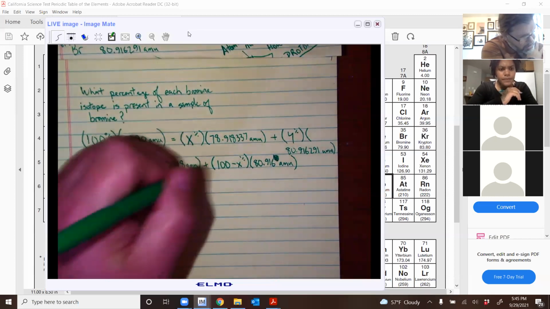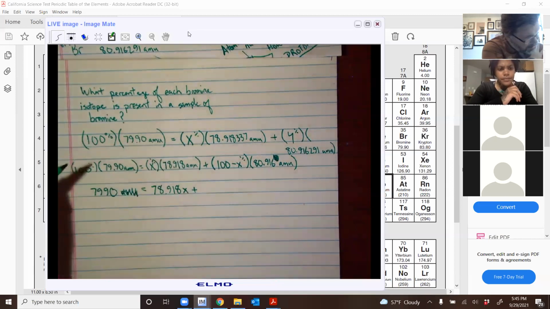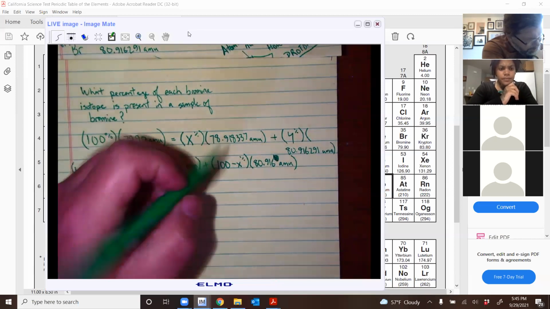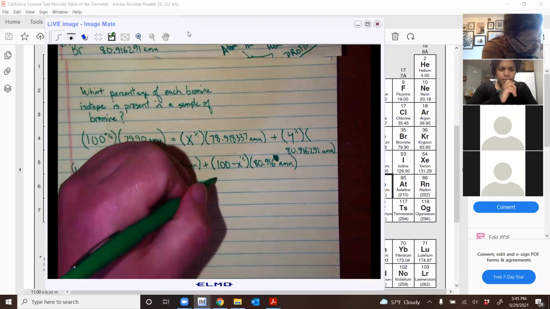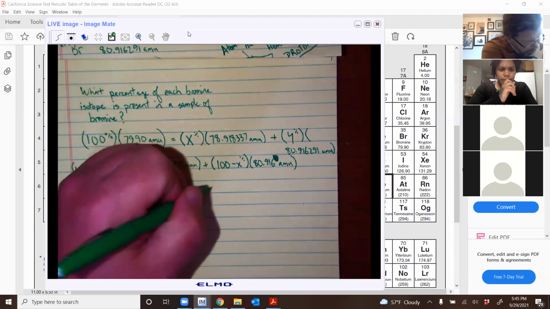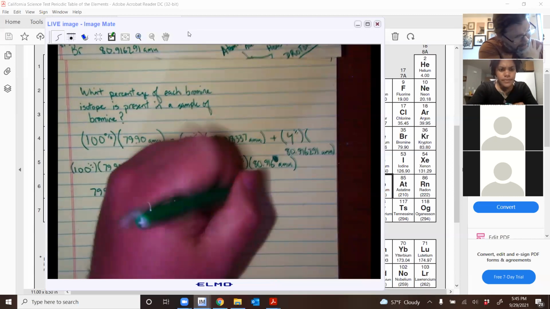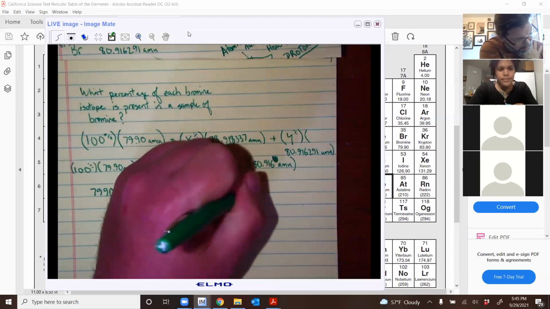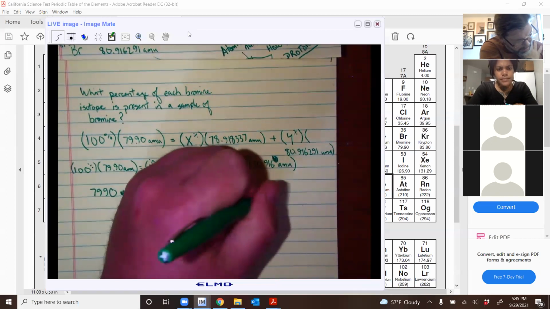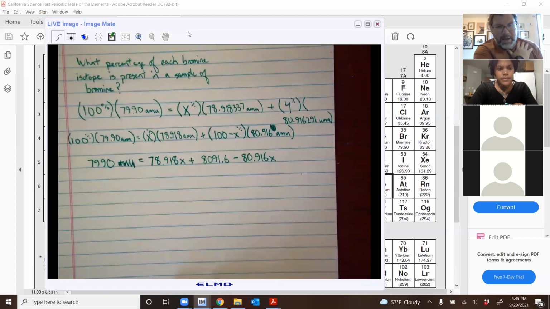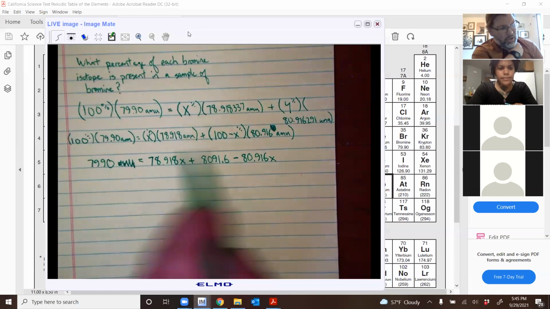All right, so plus 8091.6, and then minus 80.916 times x. All right, that's what I get when I multiply out these terms algebraically.